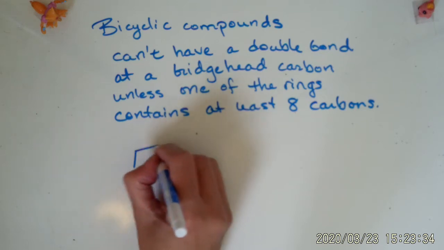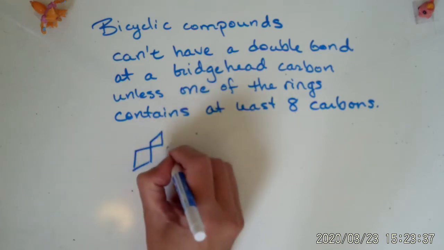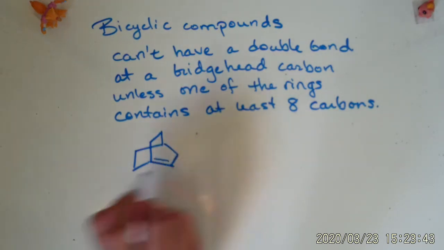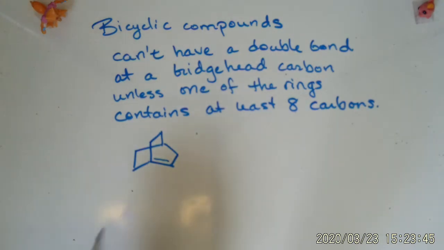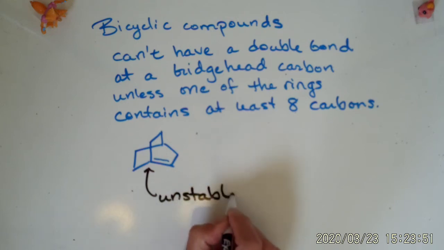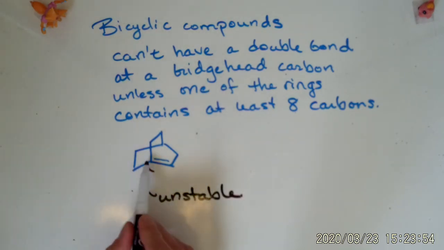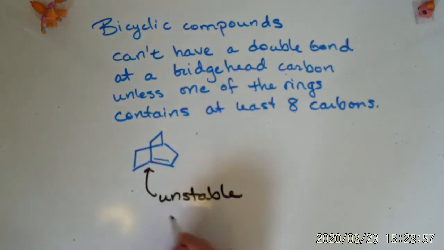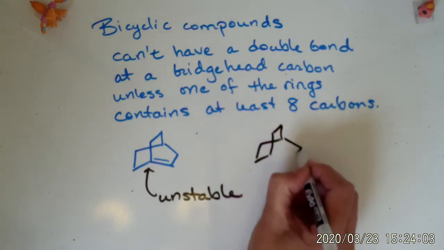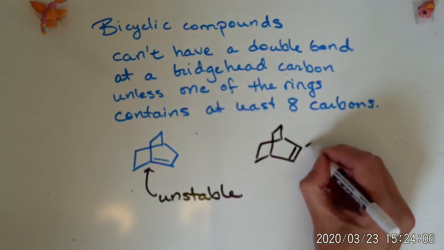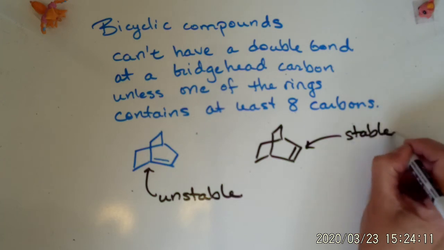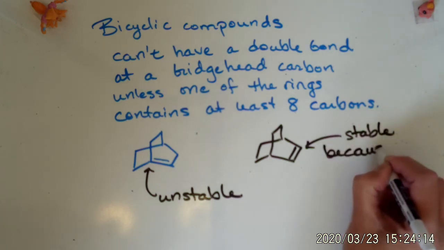So, if I looked at a system like this, okay, this is unstable. Okay, just because of the strain at the bridgehead carbon. All right, right? Now, if I did this, this is acceptable because the double bond is not at a bridgehead carbon.